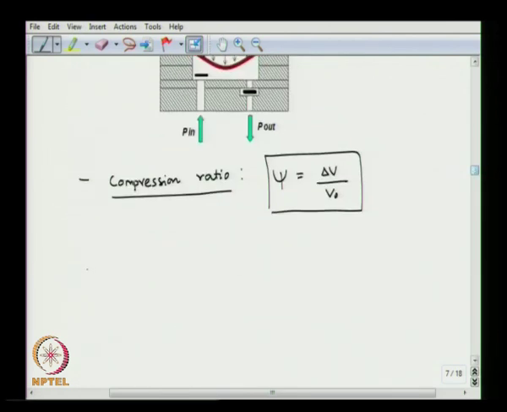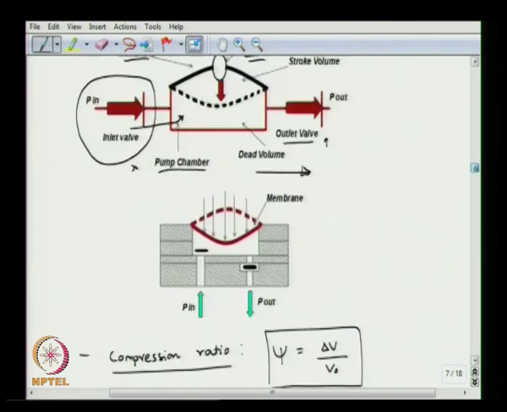Now the second important criterion is the pressure that is required to actuate these microvalves. So for the inlet valve, the pressure difference between the incoming supply and the pressure inside the chamber has to be greater than the critical pressure that is required to open the inlet valve.